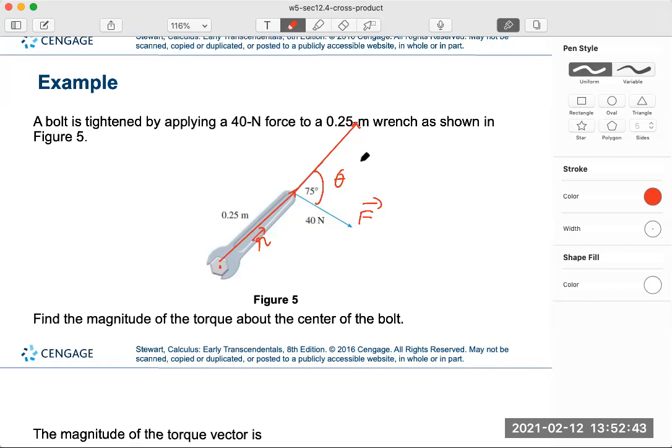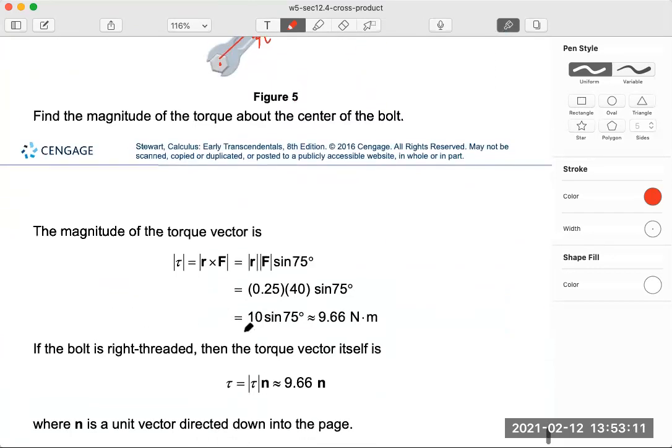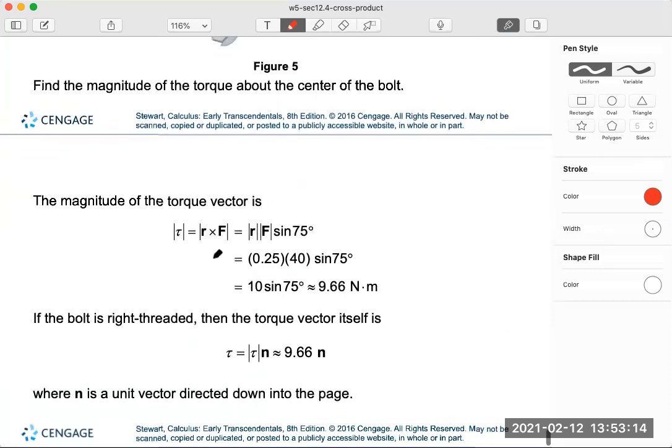How does the torque vector look like? Suppose this is the plane, right? Then it is pointing to the wall. See it? Like this. It's hard. Okay. Then it's pointing to the wall, and the magnitude of that will follow this formula. The absolute value of torque here would be the absolute value of R, the absolute value of F times the sine of the angle between them.